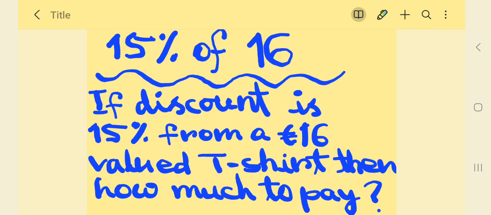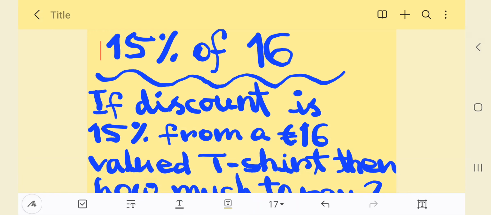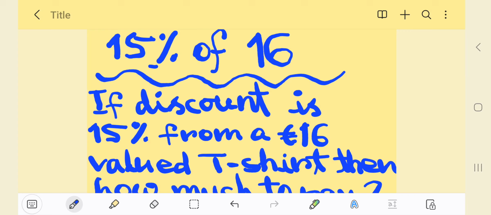And as you can see, in this case, if we note these points, we got here this 15%, and our value is 16.